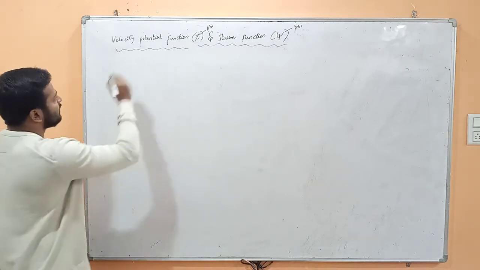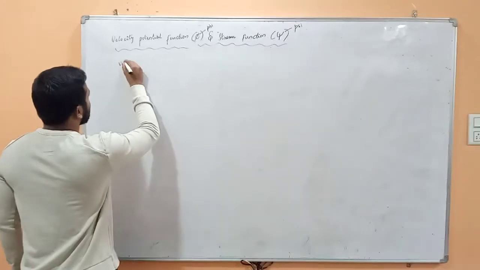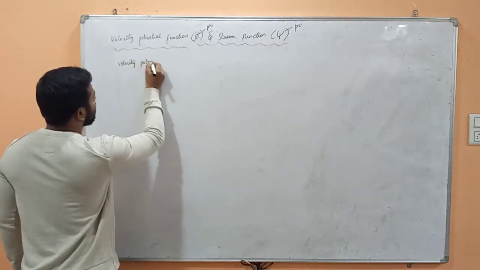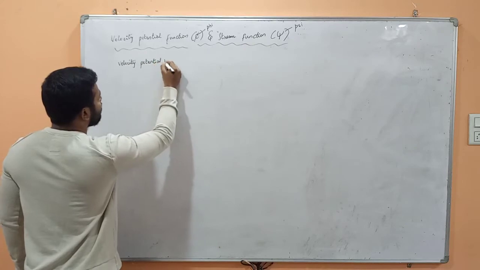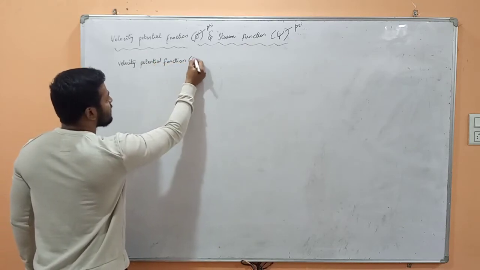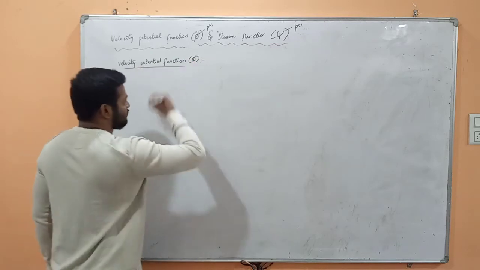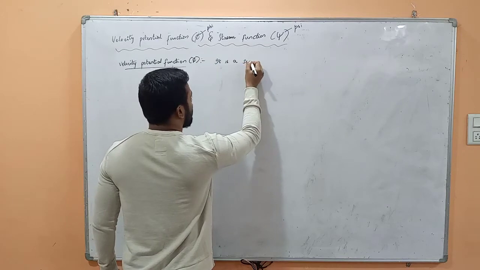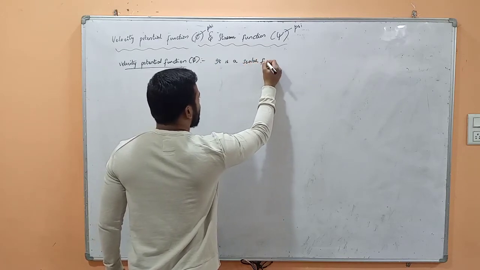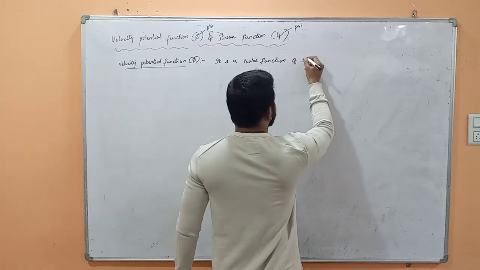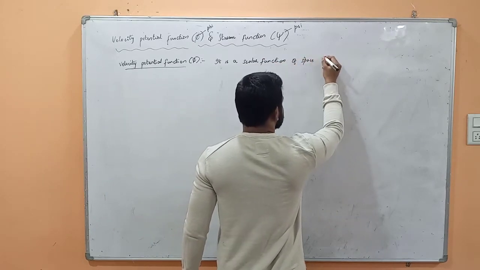So how will we define a velocity potential function? Velocity potential function phi is a scalar function of space and time. Space means locations.